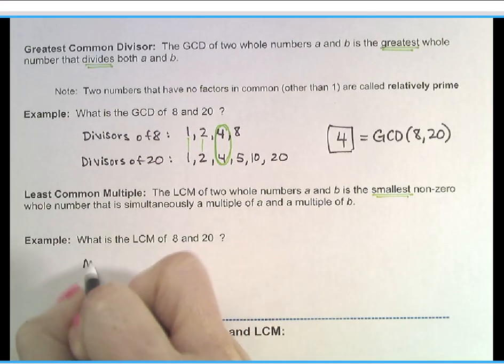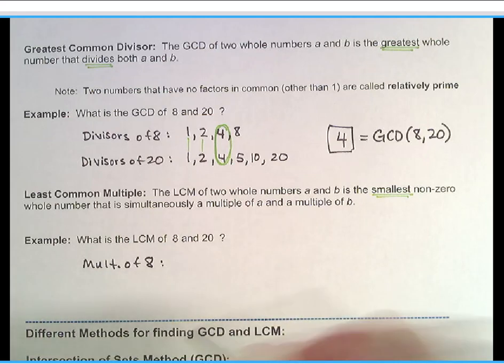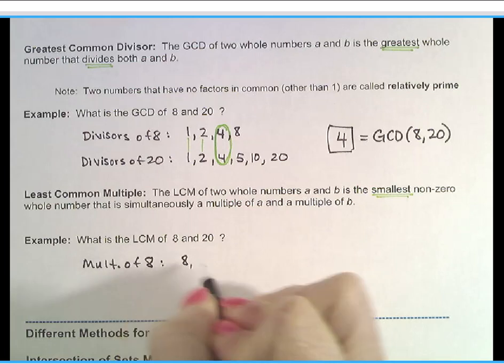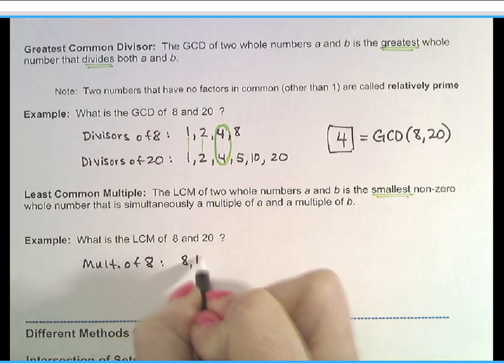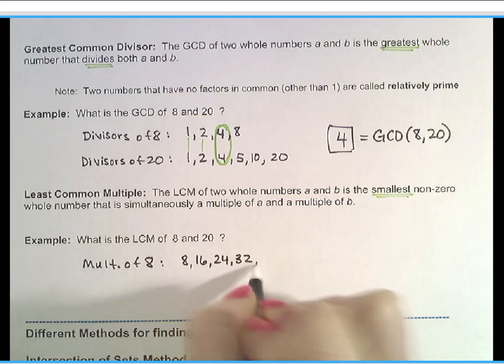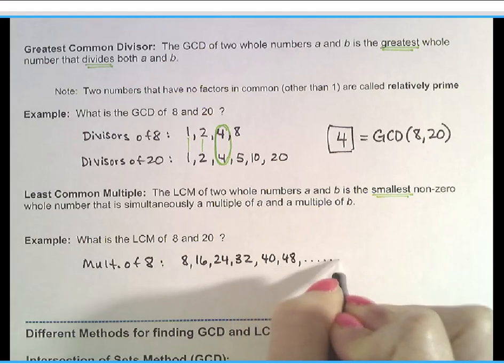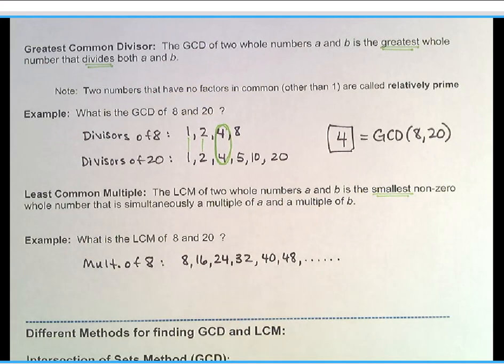So if we want to look at multiples of 8, you just skip count by 8s. So you go 8, 16, 24, 32, 40, 48. The problem is you don't really know when to stop, right?